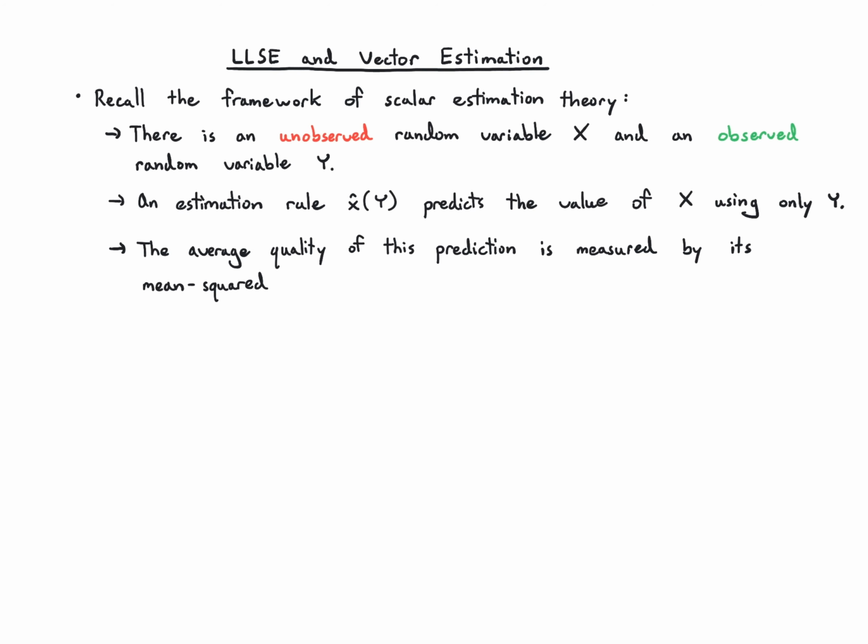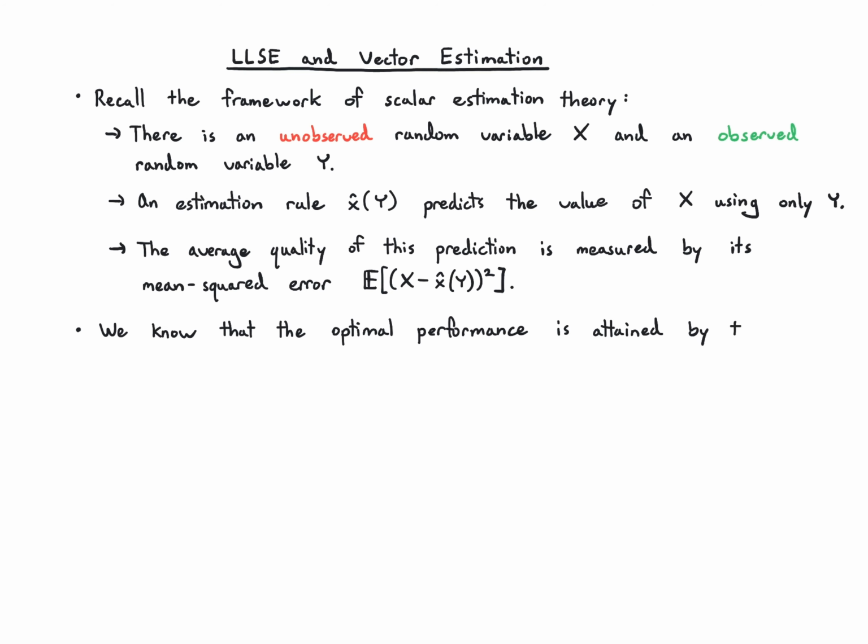There are other ways you could assess your performance, but we just stuck with this one particular metric, which takes x, subtracts the estimate x hat of y, so that's the error, the residual, squares it, and then takes the average.